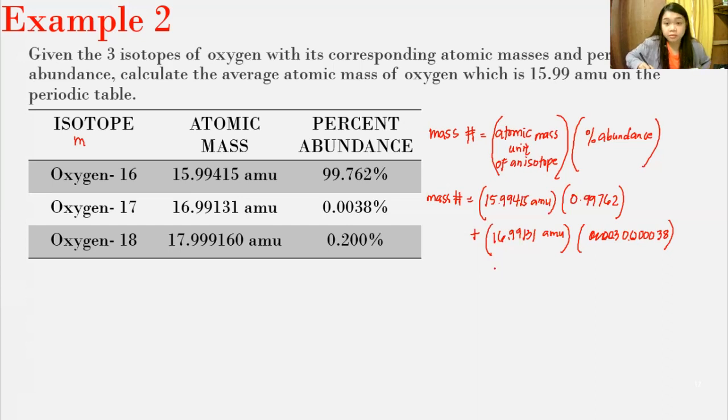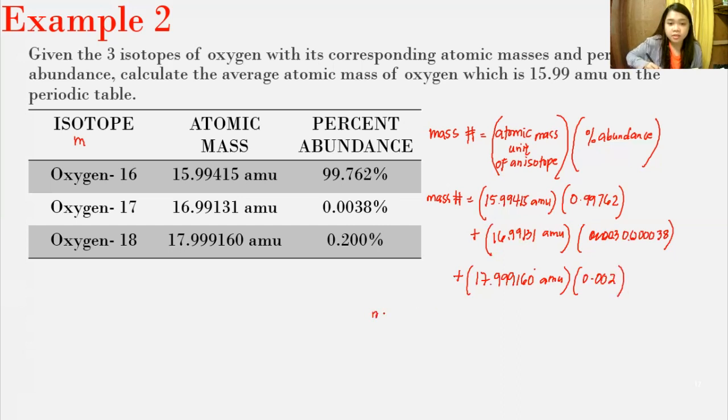I'm just using my calculator so that I will not be mistaken in converting the percentages. And then for oxygen 18, multiplied by 0.002.